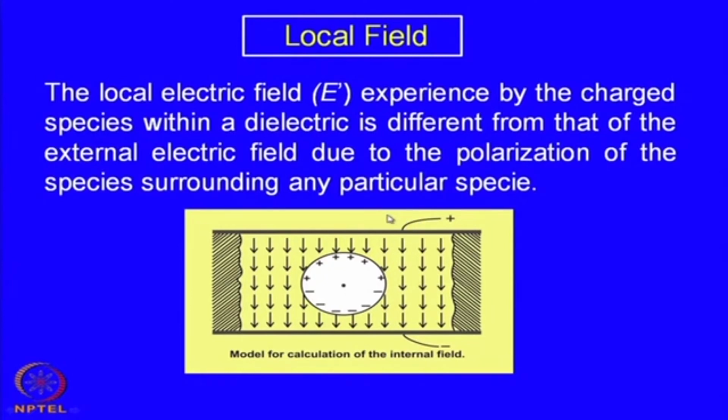So, when we are trying to calculate the polarizability and the dipole moment and so on, one has to take care of this kind of situation. We are not going into the details of the calculation, but it will be convenient to know that this electric field is different from that applied from the outside, and that is called the local electric field. Normally it is called E prime, which is different from E. Okay. So, that is another situation one has to keep in mind.